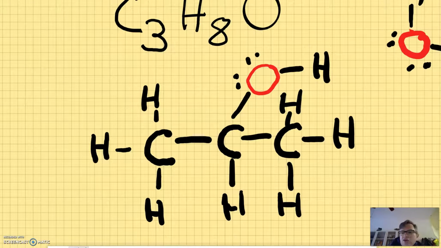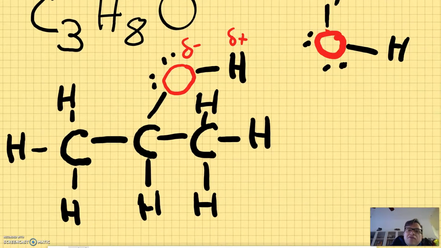Again, it's a 3 carbon compound. And instead of having a double bonded oxygen in the center here, we have an oxygen bonded to a hydrogen. This is also a polar bond, as you know. So we have a partially negative charge on the oxygen and a partial positive charge on the hydrogen.